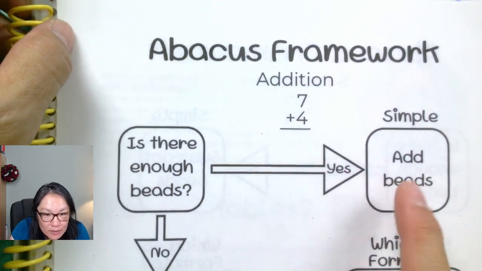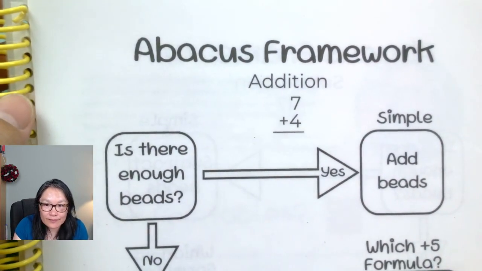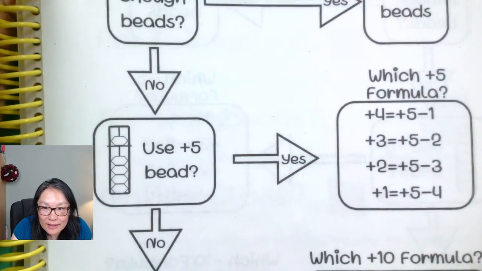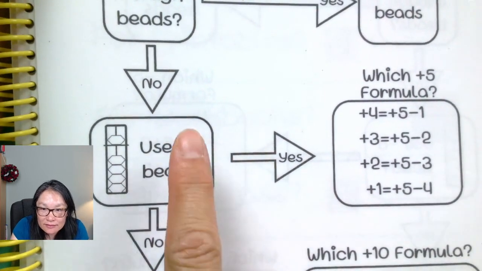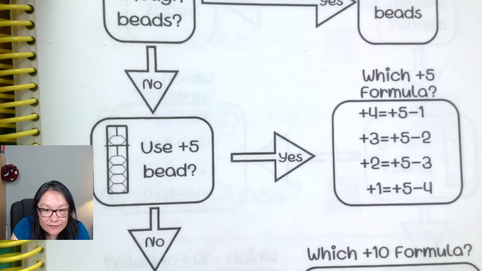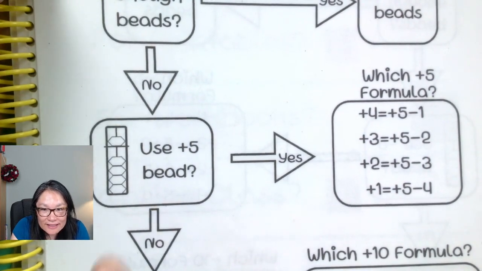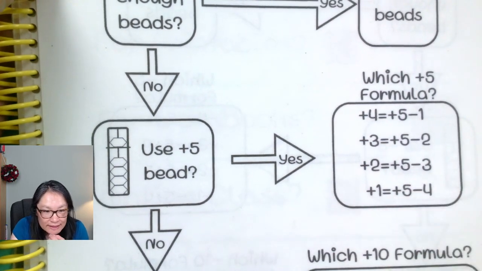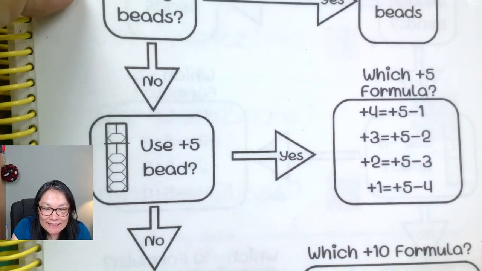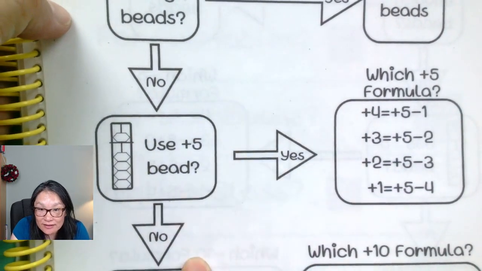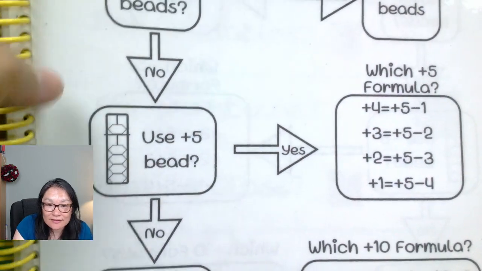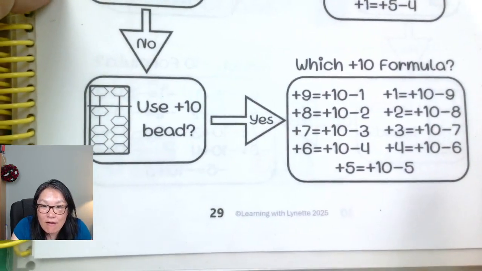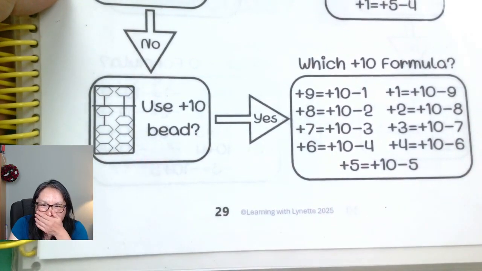If you can, then just add the beads. If not, can you use the 5? Right? Can you do it? Yes, we can. Then do it. If not, can you use a 10 bead?